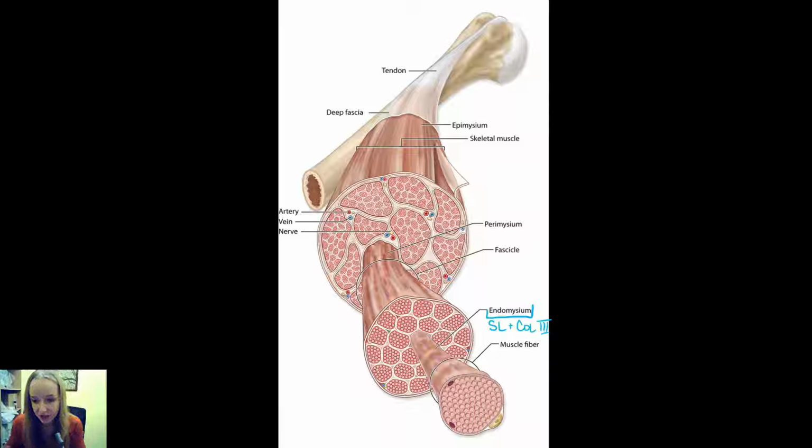Muscle fibers together create a whole bundle of muscle fibers which have a perimysium around. Perimysium is another fibrous thicker sheath around, yeah? So it's made of dense connective tissue, and it's a thicker fibrous sheath that is surrounding many muscle fibers.